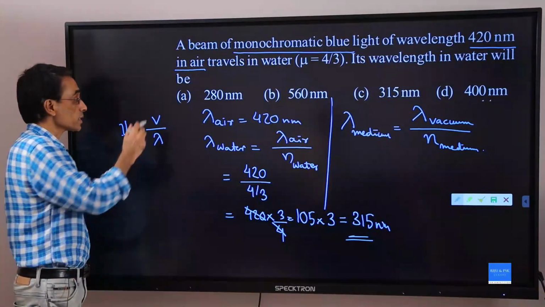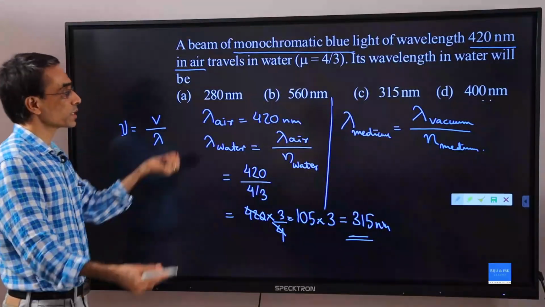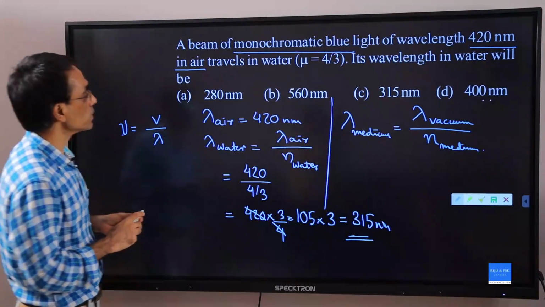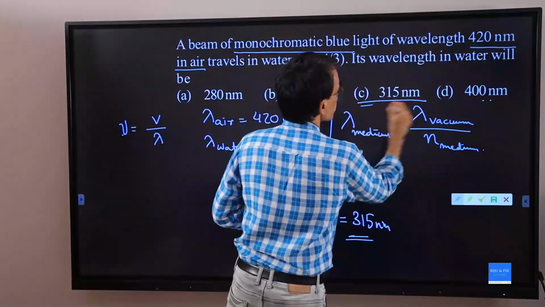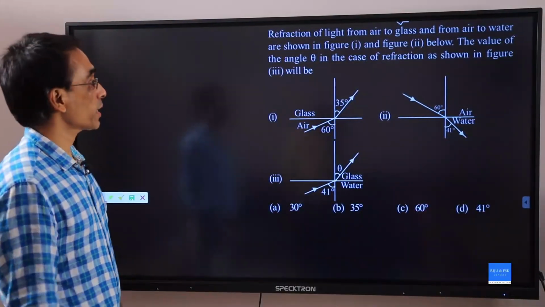Frequency remains constant, speed decreases, wavelength also decreases, proportionally. So the same relation holds good for wavelength also. So the answer is 315 nanometer.